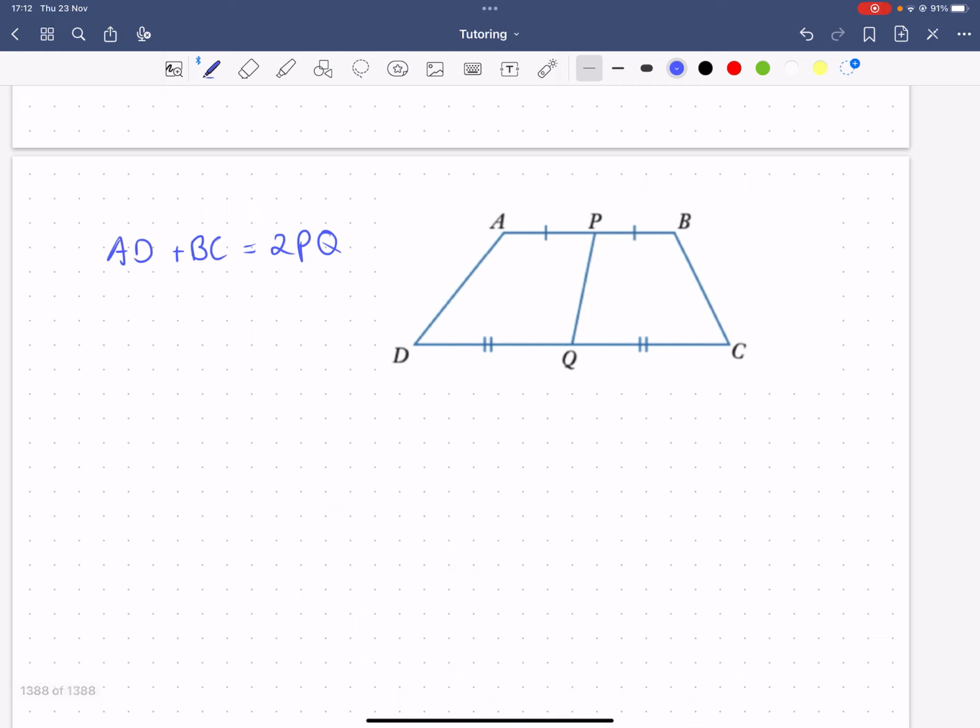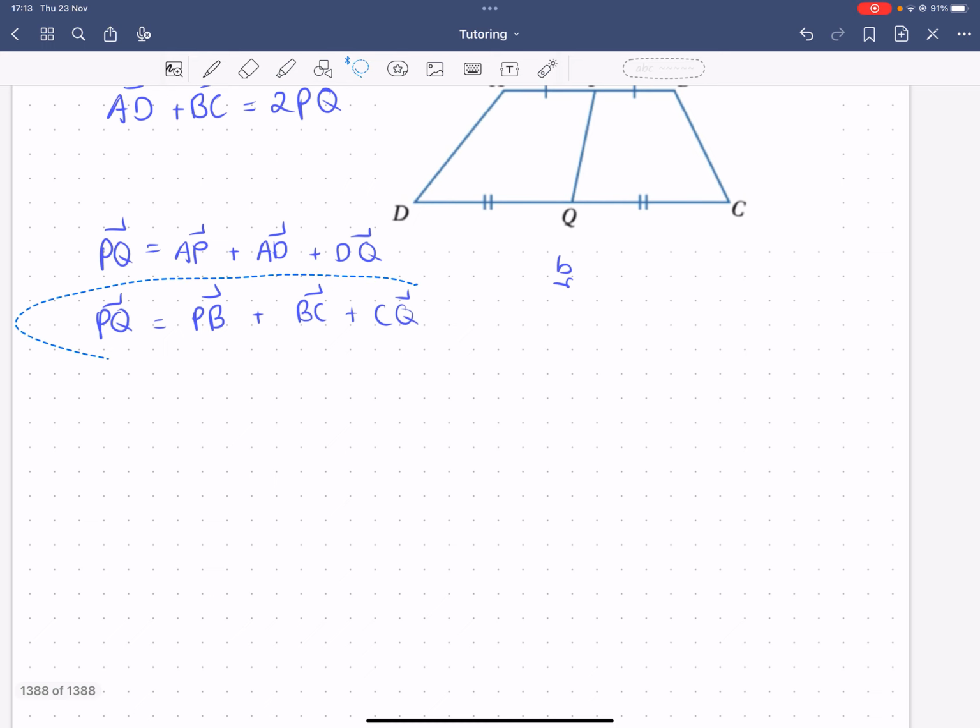Okay, we might want to state a few things. I might call AB vector A and DC vector B. And then I might say that PQ is equal to AP plus AD plus DQ. Actually, I think that should be PA. So PQ is PA plus AD plus DQ. And at the same time, PQ is also equal to PB plus BC plus CQ.